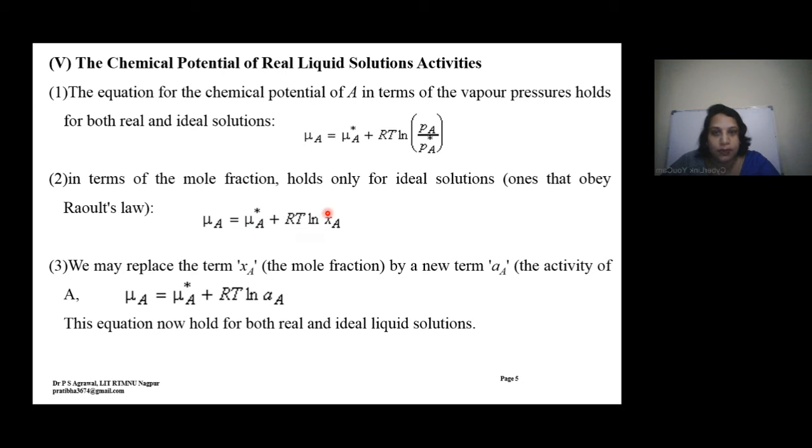When we replace this X by activity a, then we can use this expression successfully for real as well as ideal solutions. Otherwise, you will use this expression for ideal solutions only, by Raoult's law.